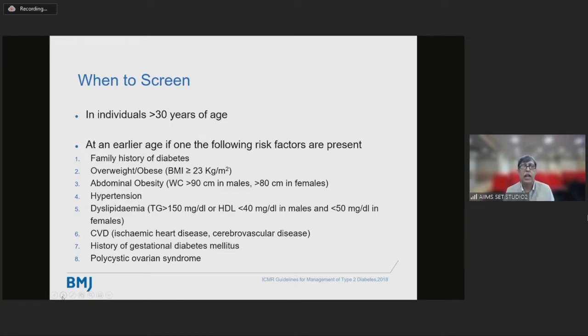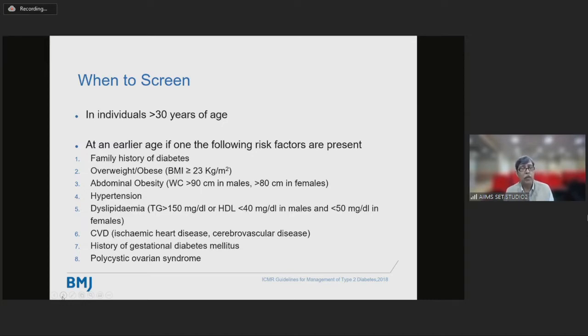However, you can actually even take the screening age lower down in the case that there are certain special risk factors: a family history of diabetes, being overweight or obese, having regional adiposity in the form of an elevated abdominal circumference, hypertension, dyslipidemia, presence of heart disease or cerebrovascular disease, a history of gestational diabetes, which is very important because we often forget that post-delivery, a woman with gestational diabetes must be screened and screened periodically.